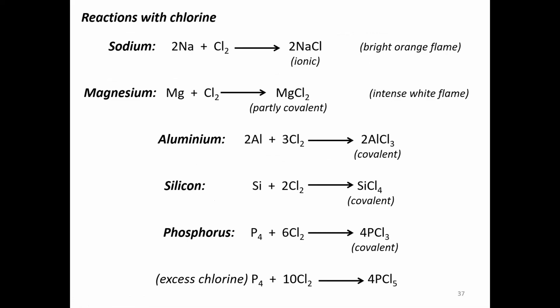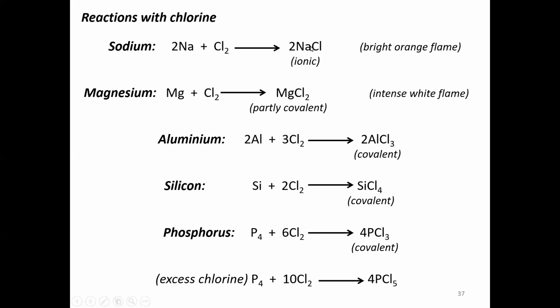Now we look at their reactions with chlorine, that is the formation of halides. Your period 3 elements react with chlorine, that is the halogen, to form the halides. Your sodium can react with chlorine to form our normal sodium chloride, that is our table salt.